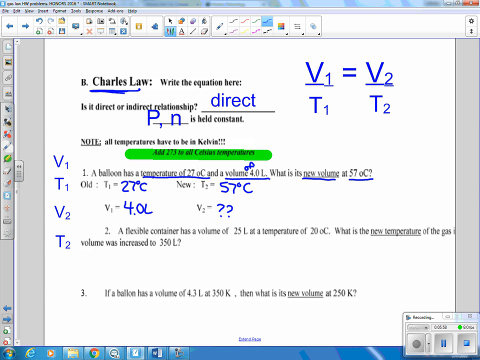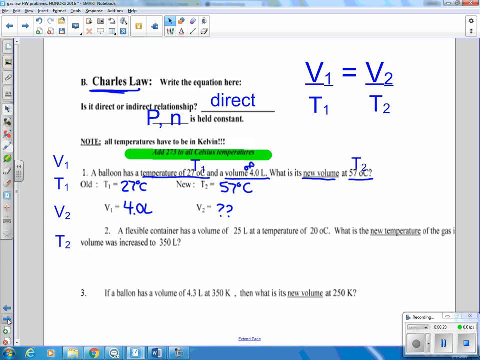Notice that this first temperature is 27 and the second temperature is 57, so the temperature is going up, and we expect the volume to also go up. Now the equation is going to be a little different than what we had earlier. You're going to divide the numbers, but you're going to put 4 on top and 27 on the bottom.